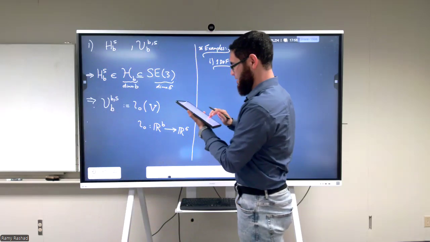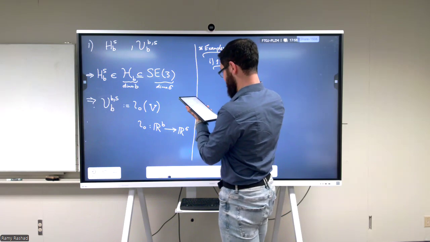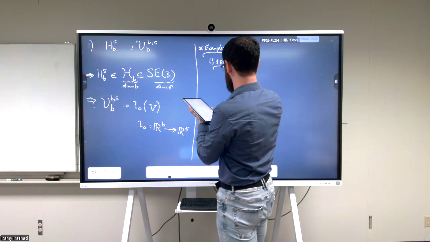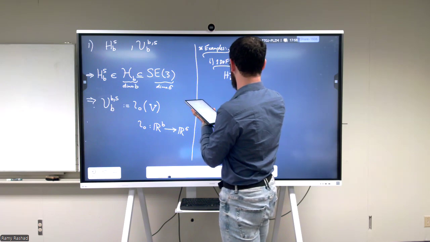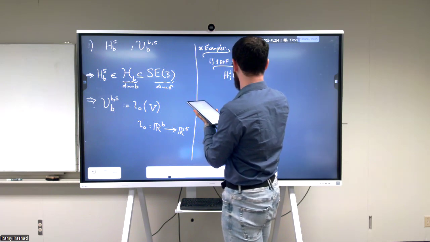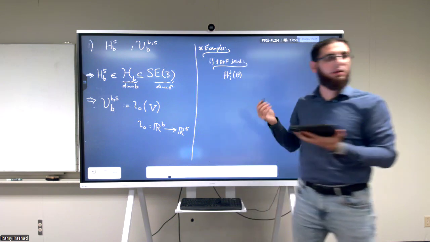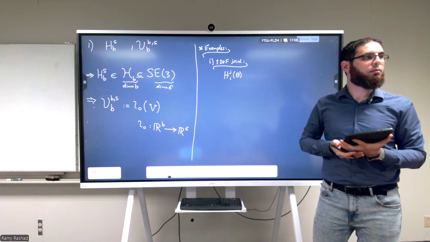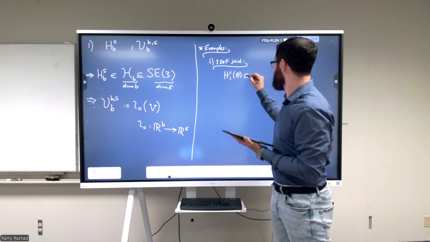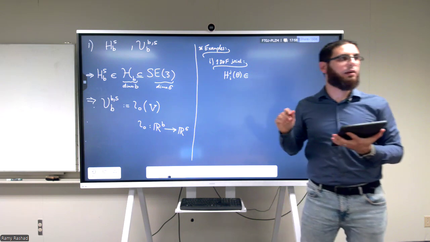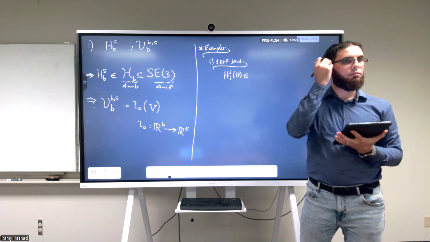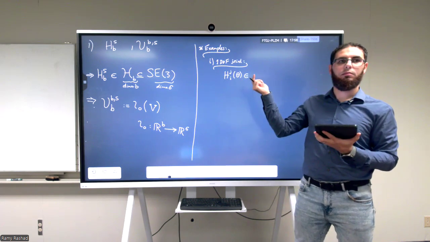So when we said that H of frame I with respect to frame J as a function of theta is given by the exponential map you all know about, where did this live? Did this live in SE3?